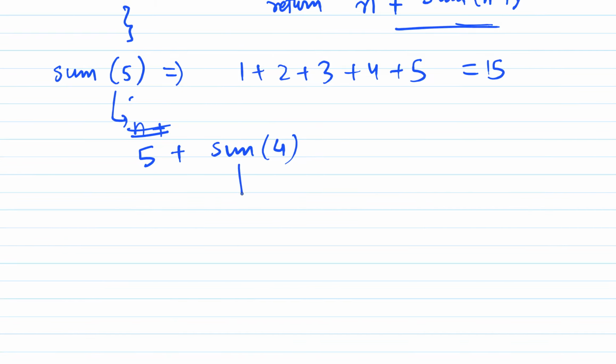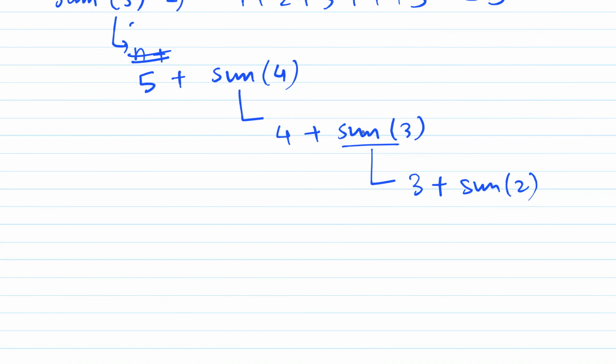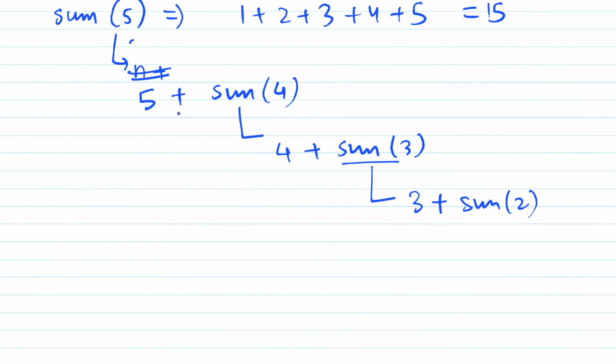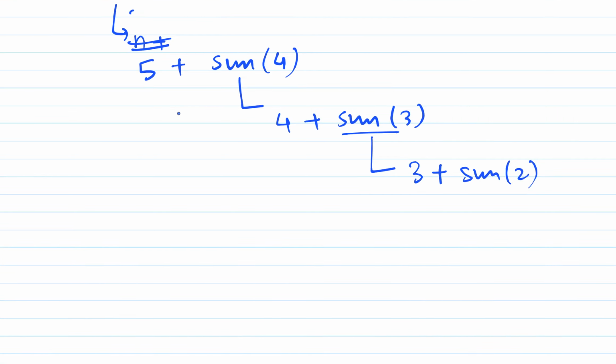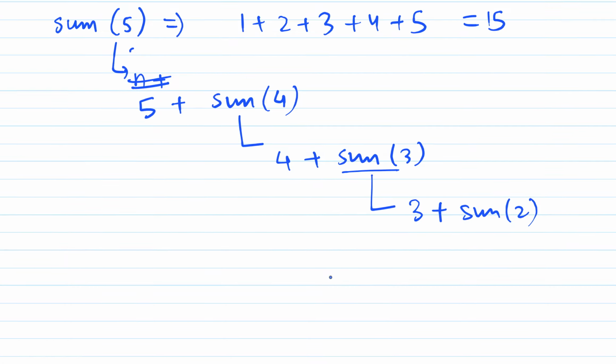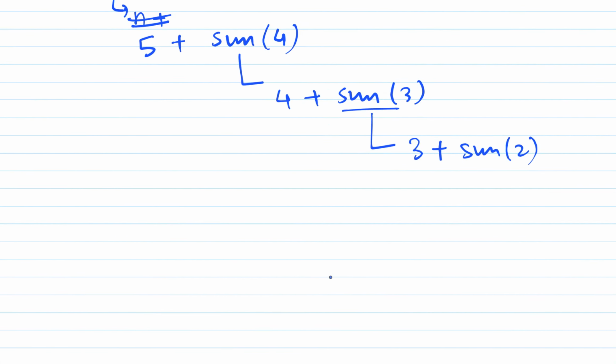And this sum 4 called 4 plus sum 3. And this called 3 plus sum 2. So if you try to figure out the recursion stack, the complete stack or the recursion tree, then slowly and gradually you will start building the recursive intuition. So always try to understand the way in which things are called, at least till you are a beginner.